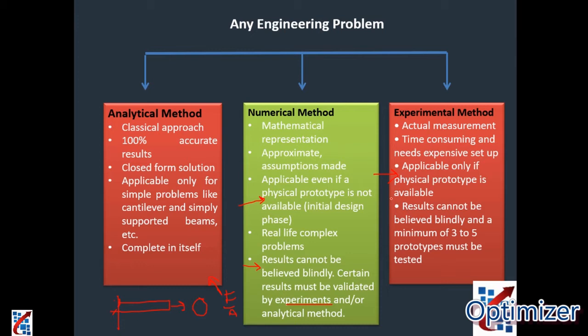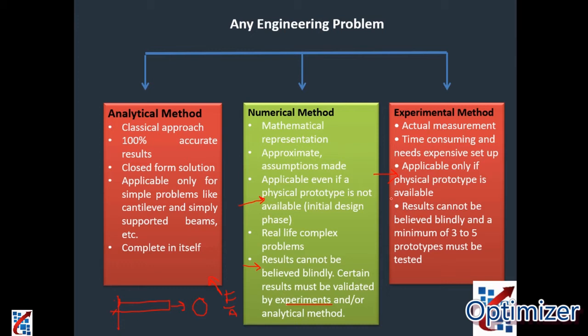So let us summarize this. The analytical method is a classical approach, where with the help of some standard formulas you are going to test it. The numerical method is based upon software. You get approximate results, and you can't blindly believe these results.